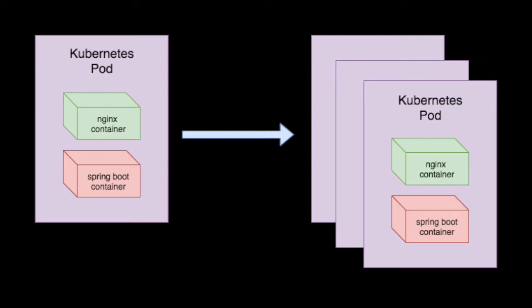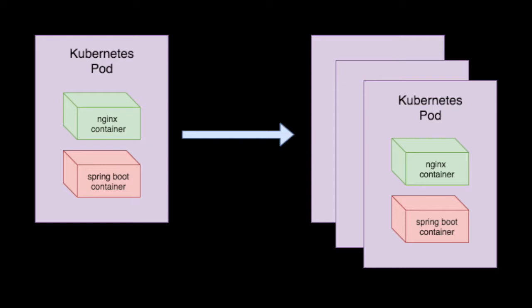So for example, suppose we have a Spring Boot application that is containerized and is serving up some kind of web application to our users. And we choose to have an Nginx container proxy this web server for our users. Now, if we wanted to scale up this model which we are using, we can actually run both of these containers inside a Kubernetes pod and scale the Kubernetes pod.